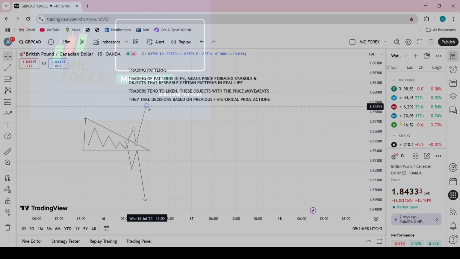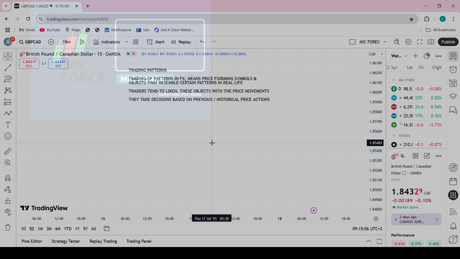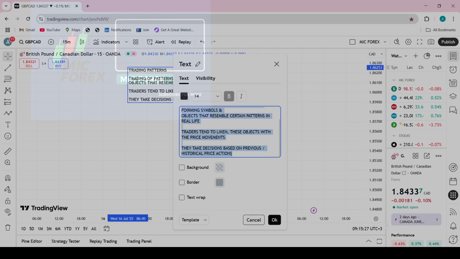But there are other objects that are straightforward. When traders wanted to remove that uncertainty, they came up with categories based on historical data, based on statistics, based on the movement of the price in the past. Traders have analyzed these patterns and categorized them into bearish and bullish categories.